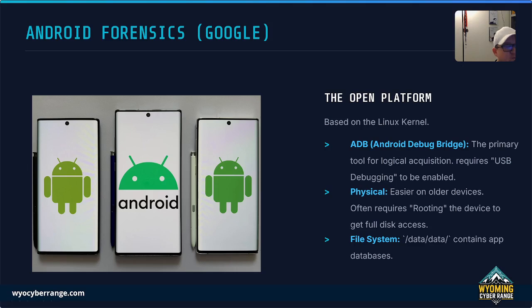Now, if we switch turns and go back to the Google devices, this is known as an open platform, which means that it's running on a Linux kernel. Now, the primary tool for logical acquisition is ADB, or Android Debug Bridge.